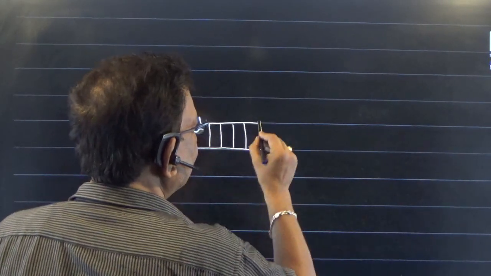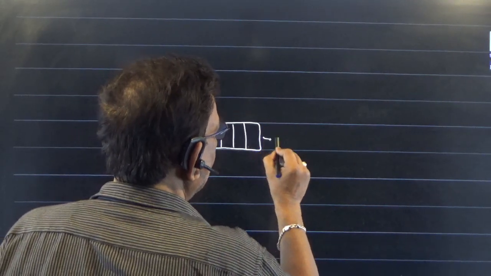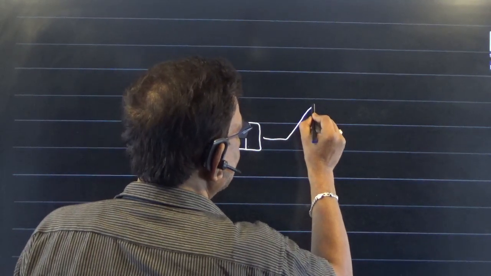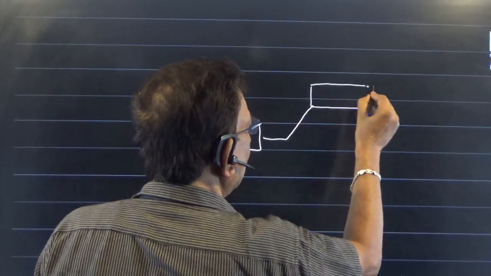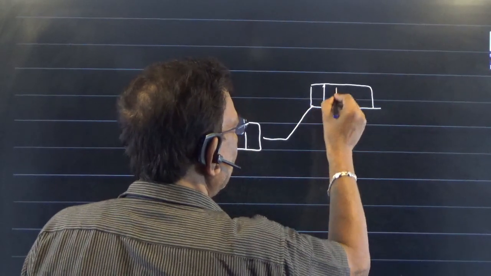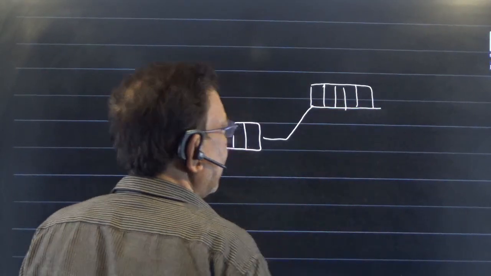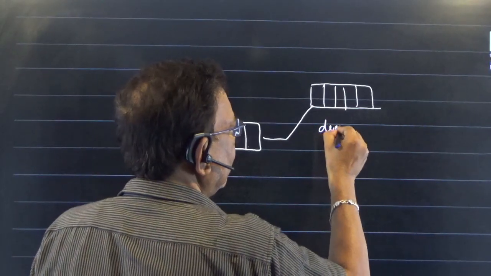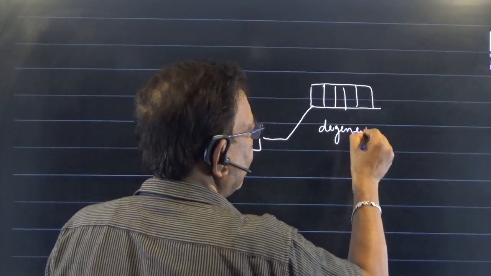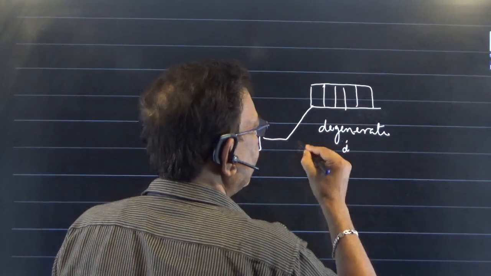When ligand approaches, first it gets excited up, this is the excited degenerate orbital of d.